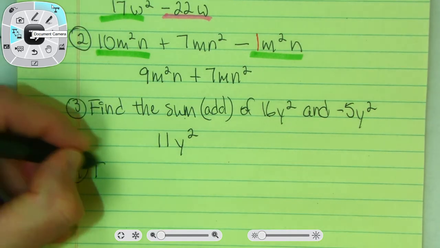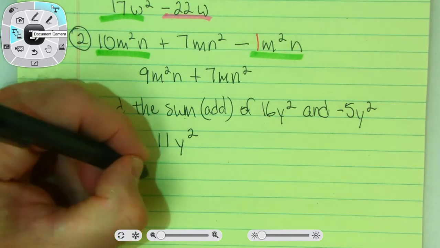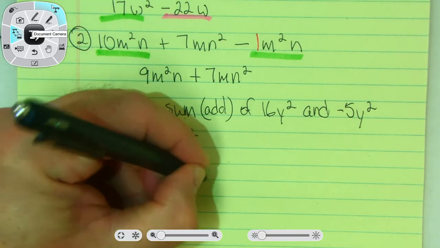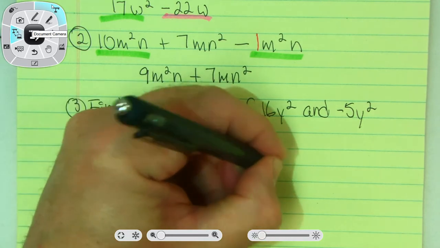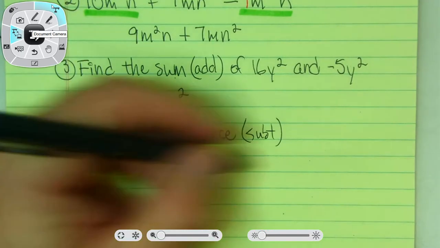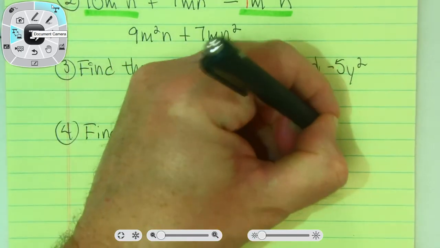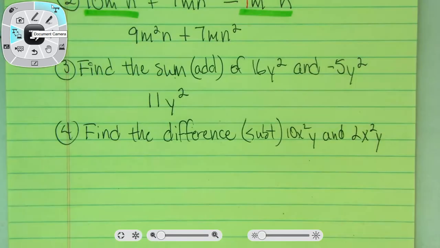If I asked you to find the difference, what does difference mean? Yeah, subtract. All right, so if I want you to find the difference of 10x squared y and 2x squared y, you've got to be careful here.